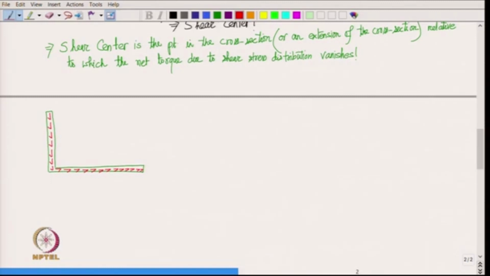And in this case, what is the potential point about which the torque due to this shear stress distribution is going to vanish? We can see that this point right here is the point such that all these shear stresses are passing through this point. So, when we find out net torque about this point, then it will be 0. So, this is the shear center.